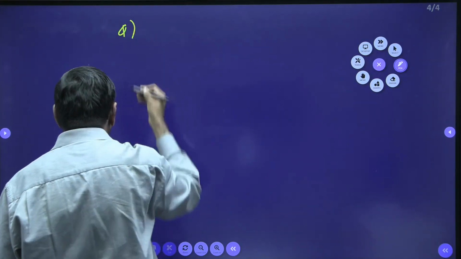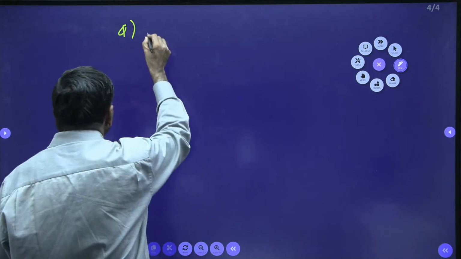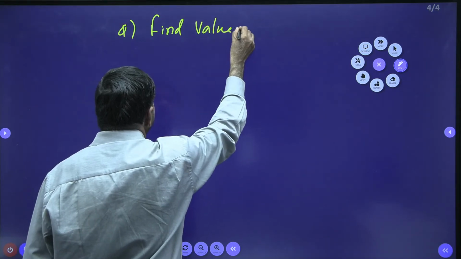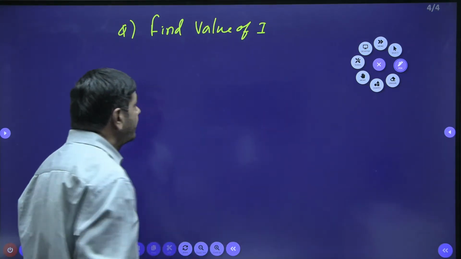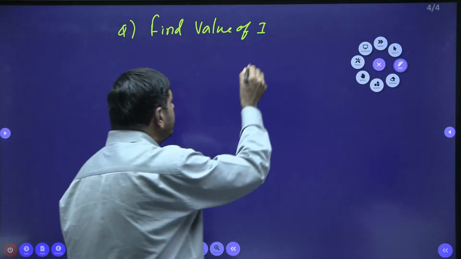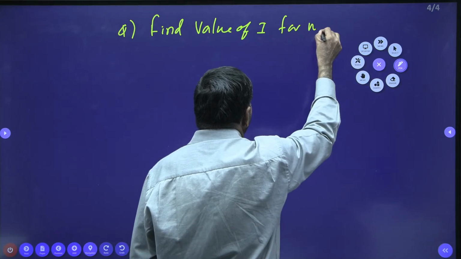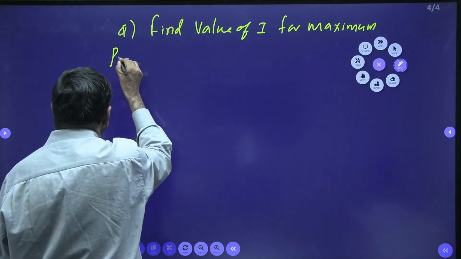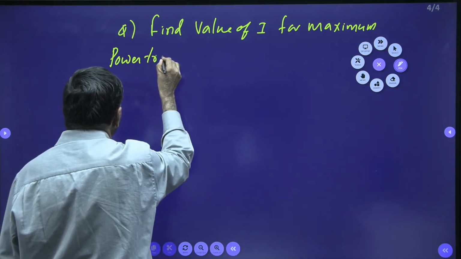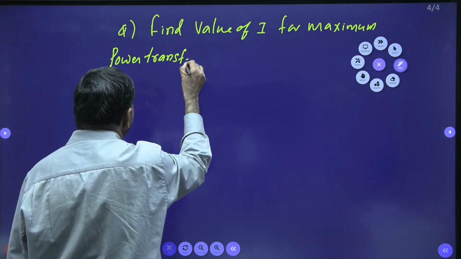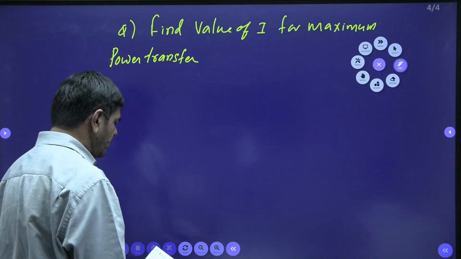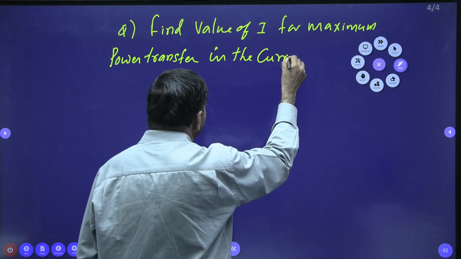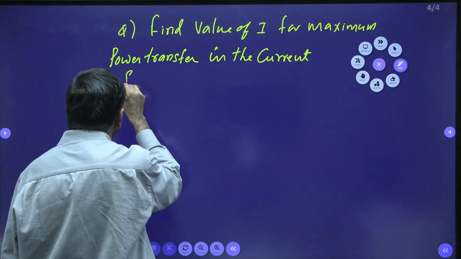A problem was given like this. Find the value of I for maximum power transfer in the current source.